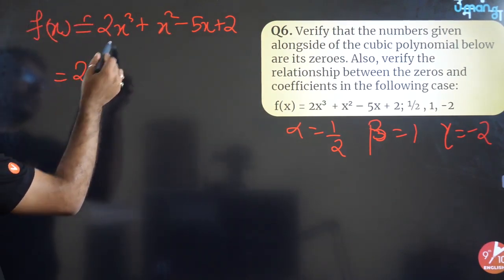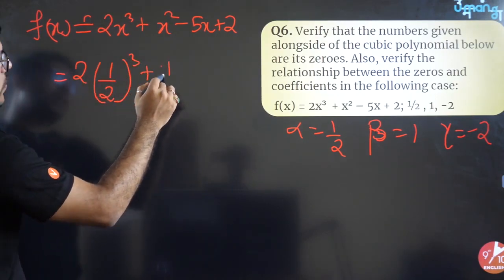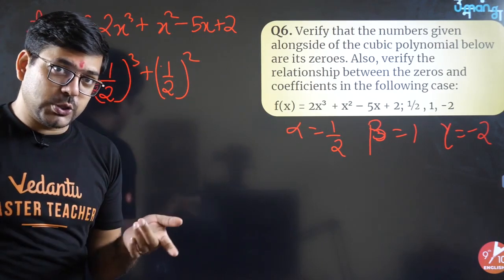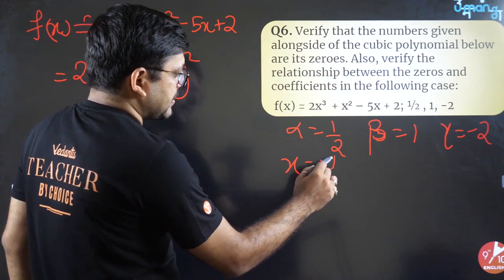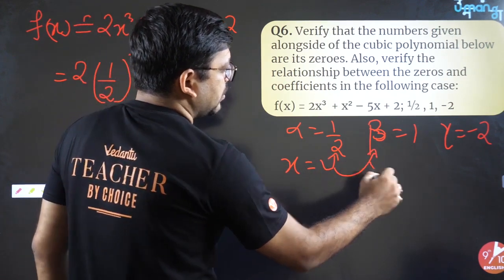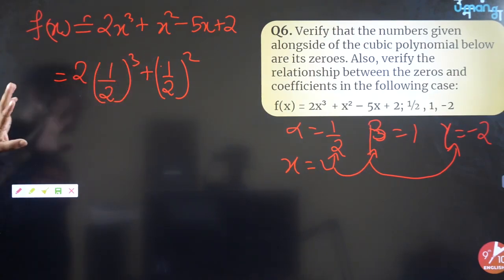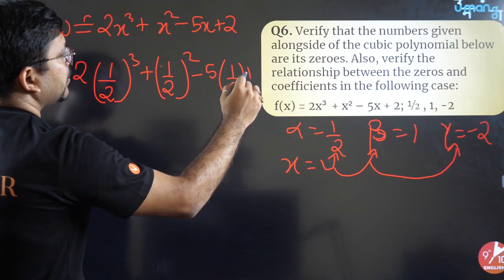So equals 2x cube, means 1 by 2 whole cube, plus x square, means 1 by 2 whole square. I hope you know how we put the zero. Whatever is my zero, we put that as the value of x. So in place of x, I am putting 1 by 2. So 1 by 2 minus 5 into again 1 by 2 and then plus 2.